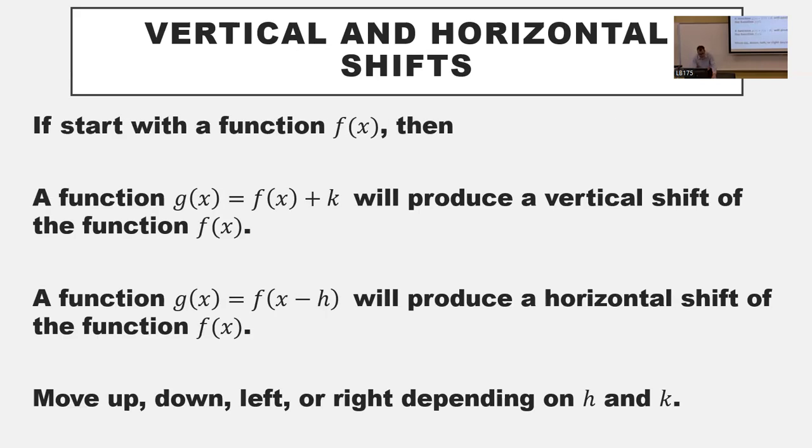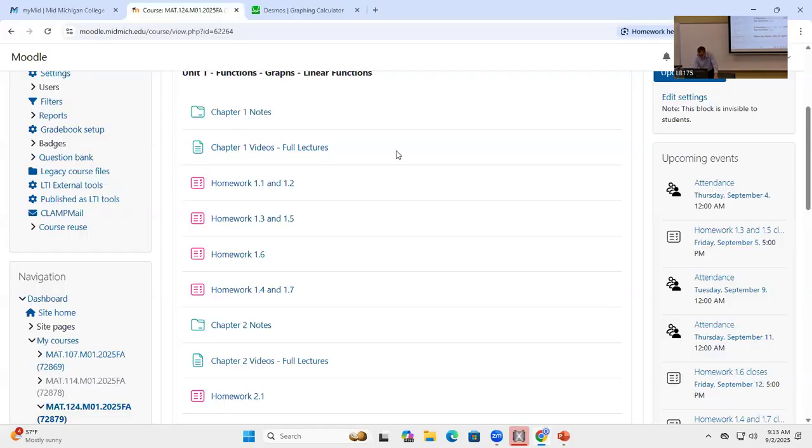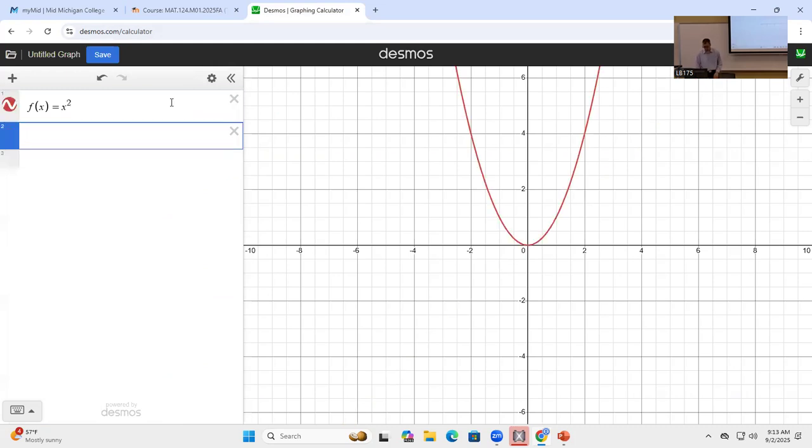Now, let's actually look at this on Desmos. Let's take a function. I'm going to take a base function, f of x equal to x squared.